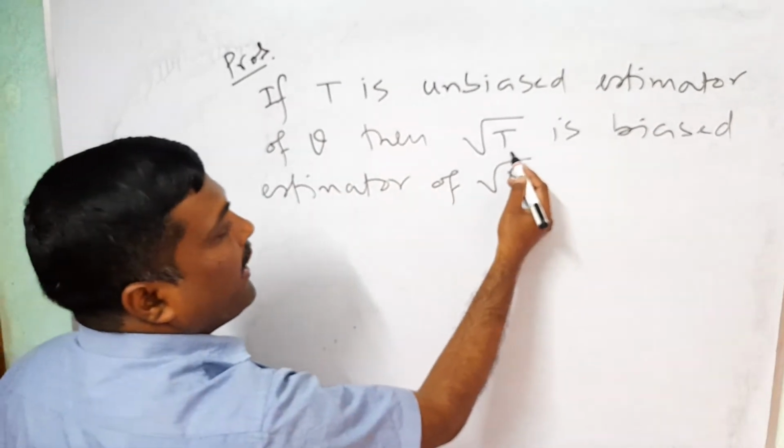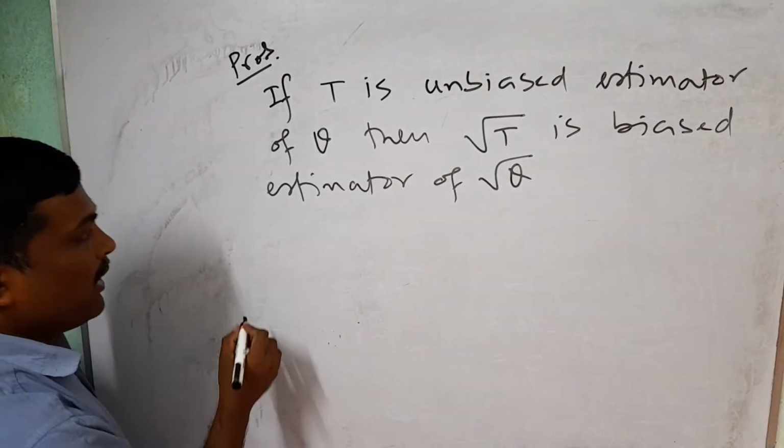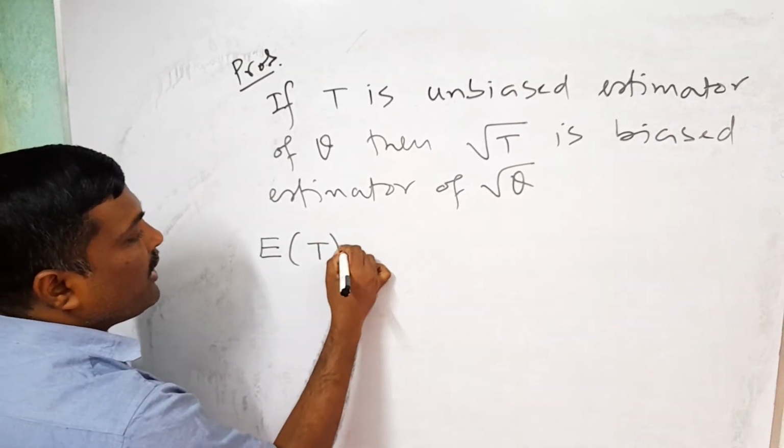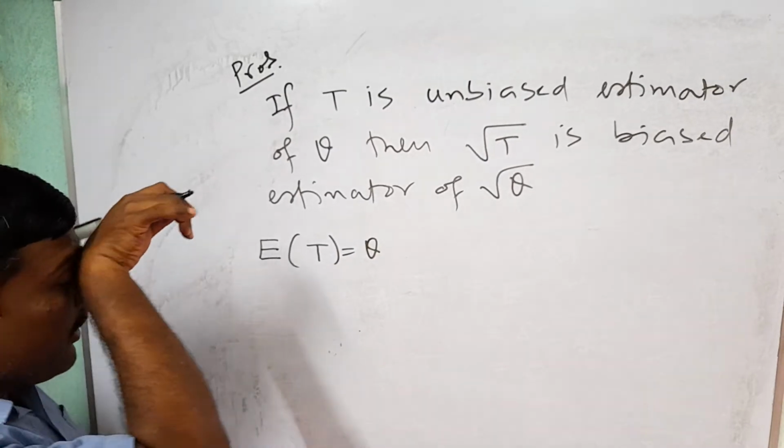Prove that root T is a biased estimator of root theta. So T is an unbiased estimator of theta, so E of T equals theta.